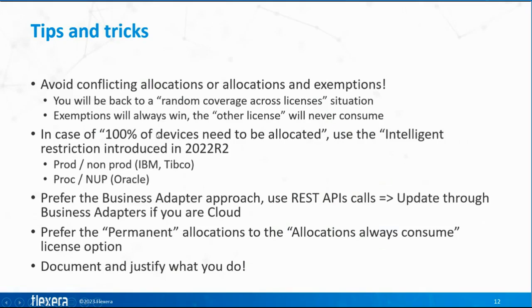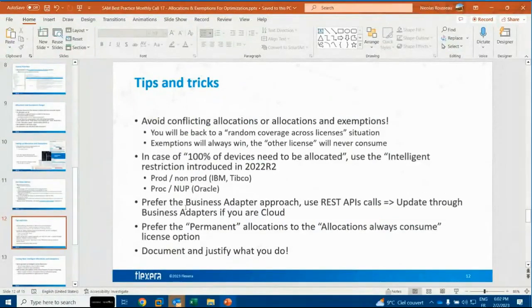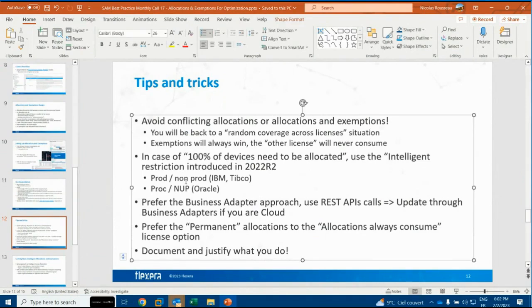And you will even see, in these tips and tricks, it's better to use, and that's actually the next one, so I will directly go to that. If you need this 100% device allocation scenario, which is painful because you need to check every week that no new device has come with the application, we recommend that you use this intelligent license restriction introduced in 2022.2. So with intelligent license restriction, you create a report which covers all your production servers, another that covers all your non-production servers, and guess what?